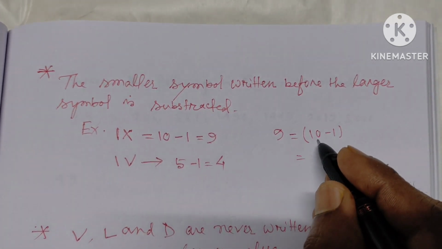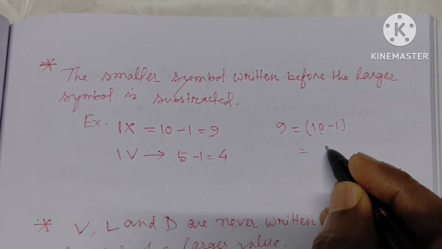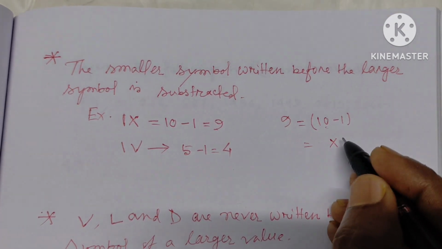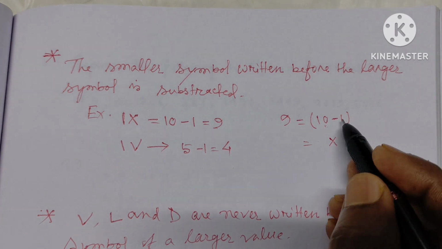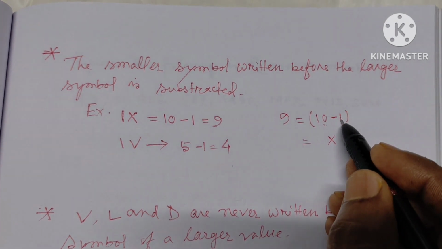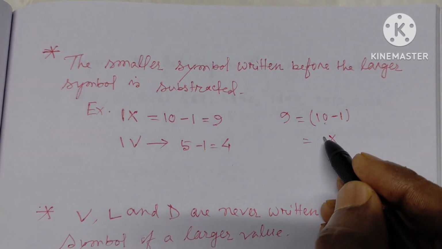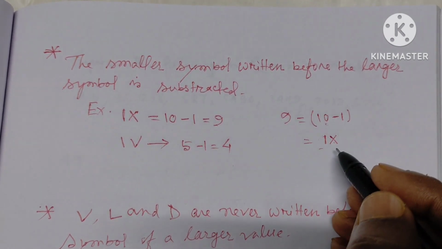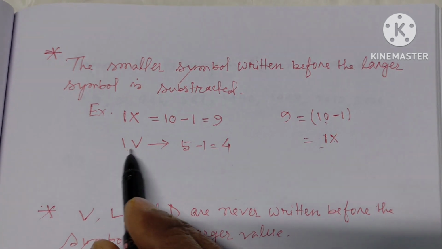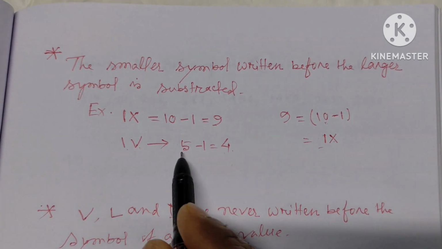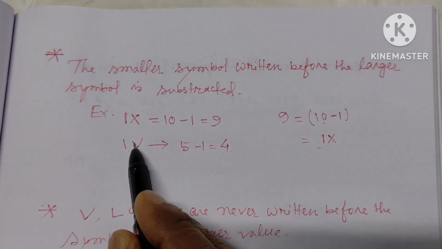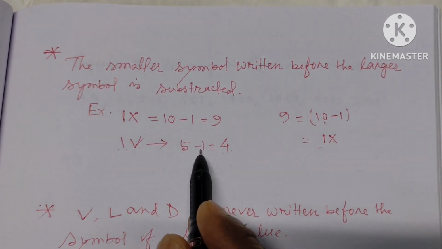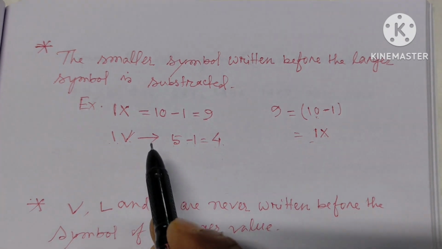That means this 10 represents X. And if it is subtracted, then you have to write the smaller before the larger one, IX, like this. In this, 4 means 5 minus 1. If it is minus, then the smaller one we have to write before the larger one.